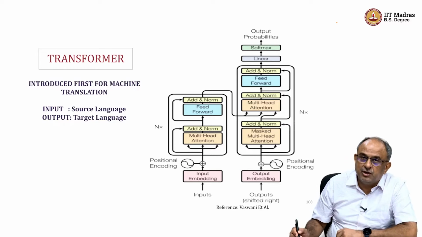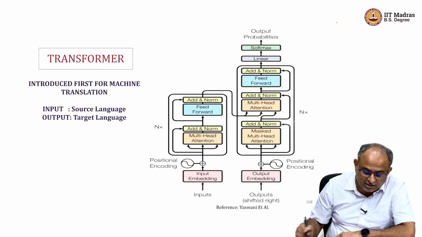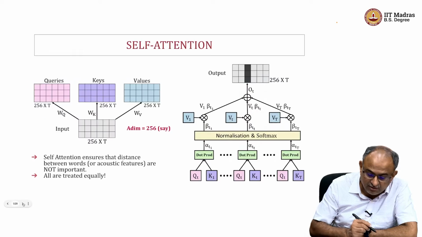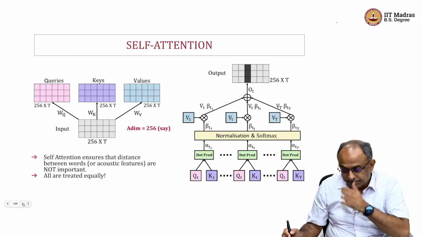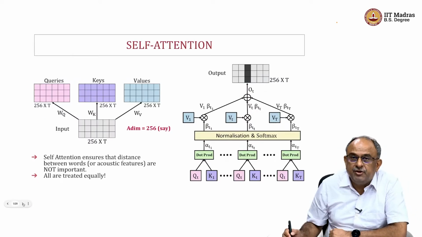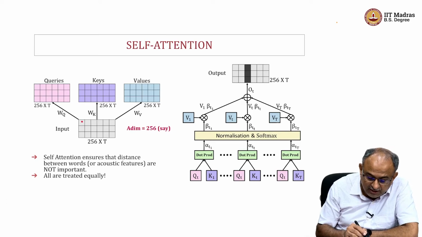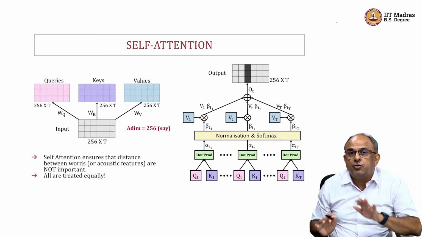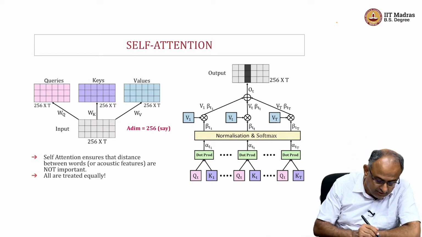Now we are going to see what this transformer is and how it achieves this parallelization. So if you look at inputs, let us say each column is an input. Now we want to parallelize this input to go through the encoder. So let us first look at the encoder part, and we can talk about the decoder later.